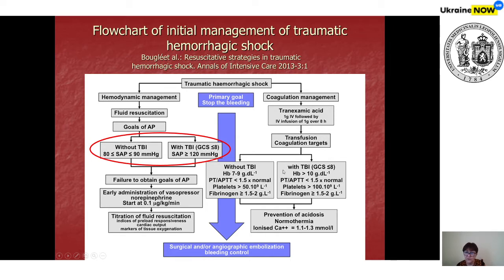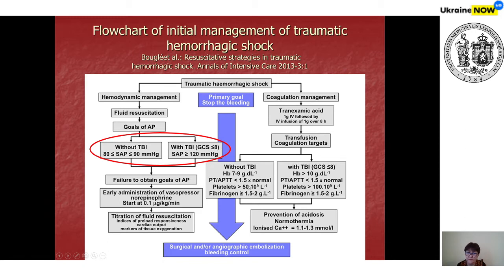But in patients with traumatic brain injury in comatose state, the aimed hemoglobin level is more than 100 gram per liter. Prothrombin time and activated partial thromboplastin time must be less than 1.5 folds from normal in both categories.